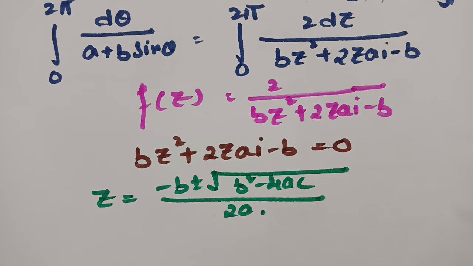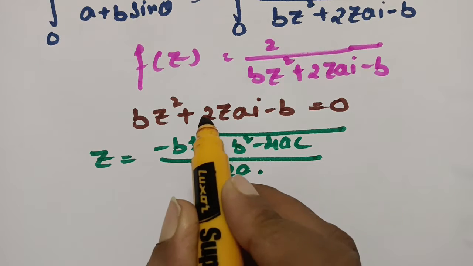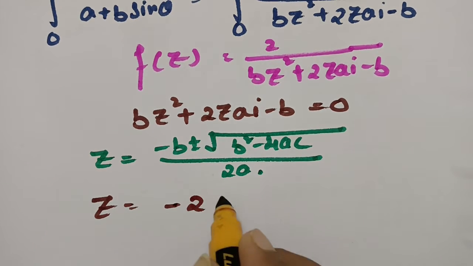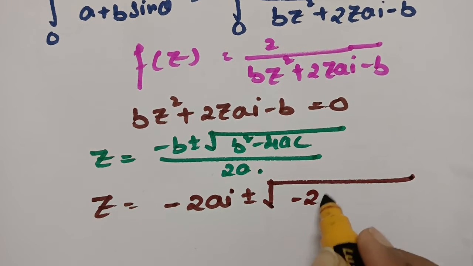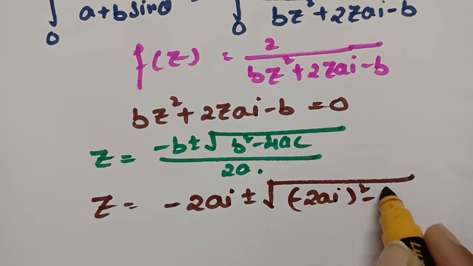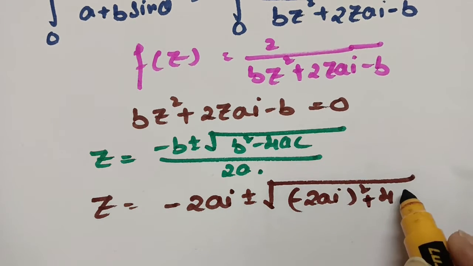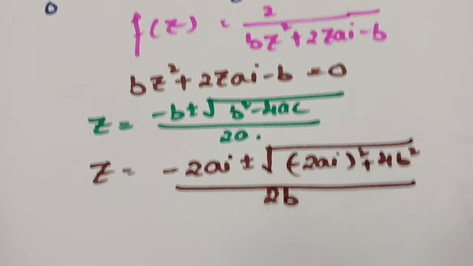Now if I substitute the values, in place of b we have 2ai. So z is equal to (−2ai ± √((2ai)² − 4·b·(−b))) / 2b. Clear?